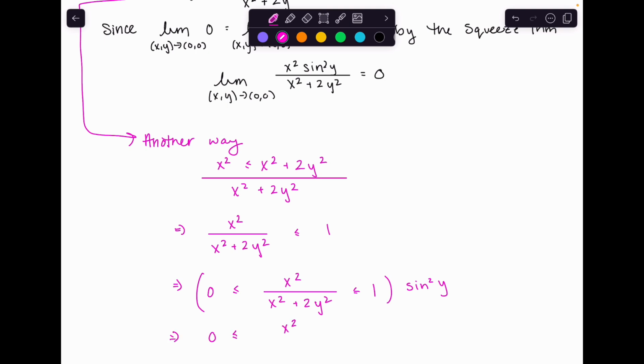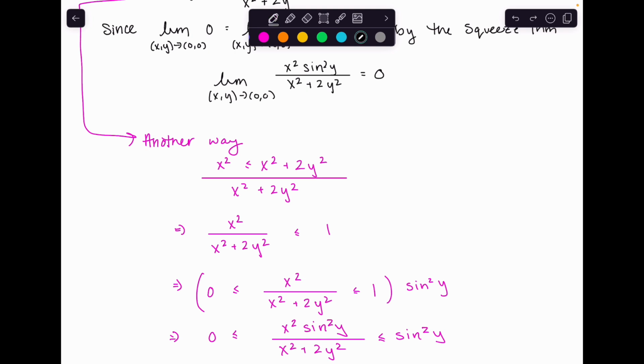And you end up with exactly the same thing. Then the limit of this is 0, the limit of this is 0, so the limit of the thing in the middle is also equal to 0. Same way to get the bound, just a different approach. Completely up to you which way you go about it.